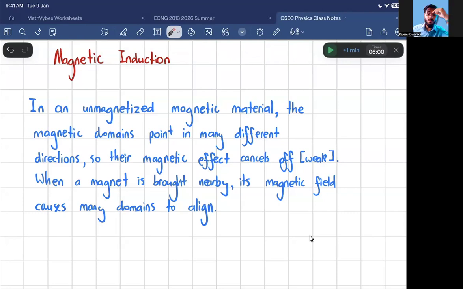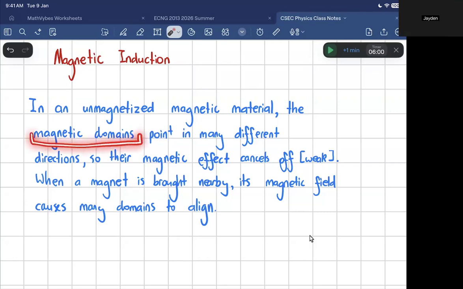All a magnetic domain means is a bunch of dipoles in the same direction. In the iron, maybe like 1,000 dipoles going in the same direction, 1,000 in the other direction, 1,000 in the next direction. We're talking about real dipoles inside it. So a magnetic domain is just a bunch of dipoles in the same direction.